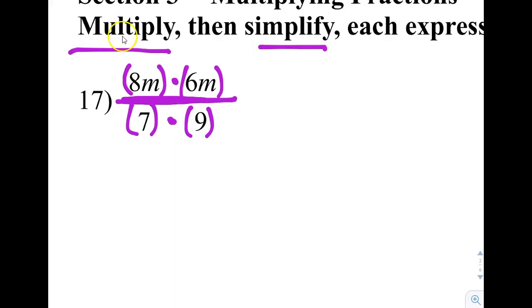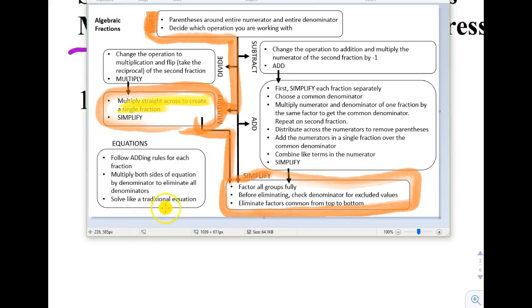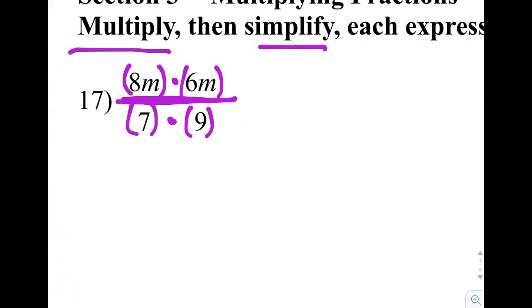We are done with that step, and we are heading on to our final step of simplifying, which means we're going to now continue to factor everything fully, look for excluded values, and then eliminate things from top to bottom. So let's go ahead and do that.